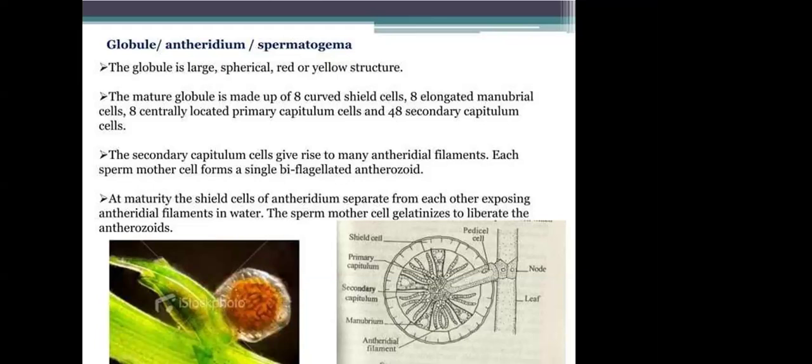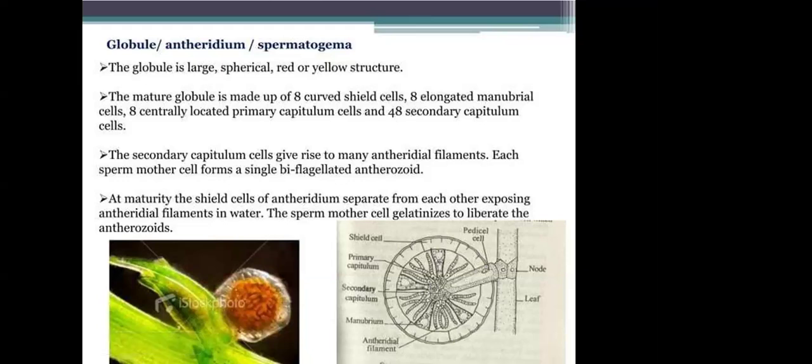Where is the shield cell? This outer layer of the cell is called the shield cell. On the inner side of the shield cell, in the center, an elongated cell is attached. This is called the elongated cell, the manubrium cell.